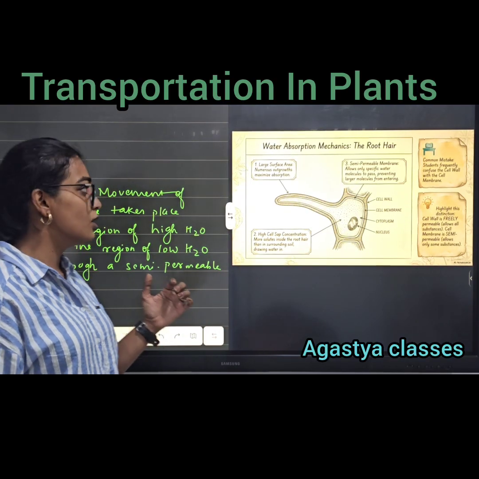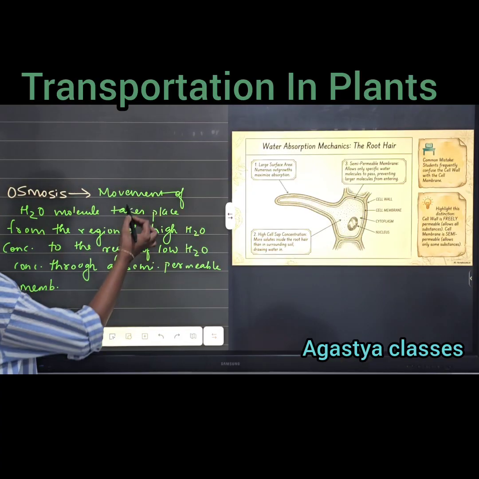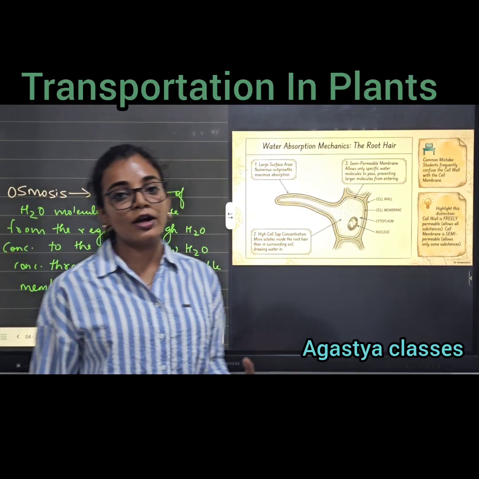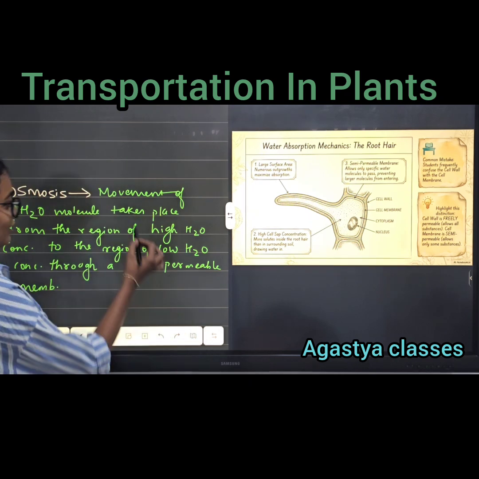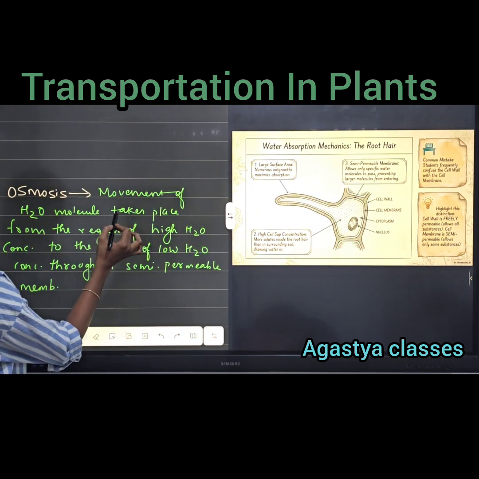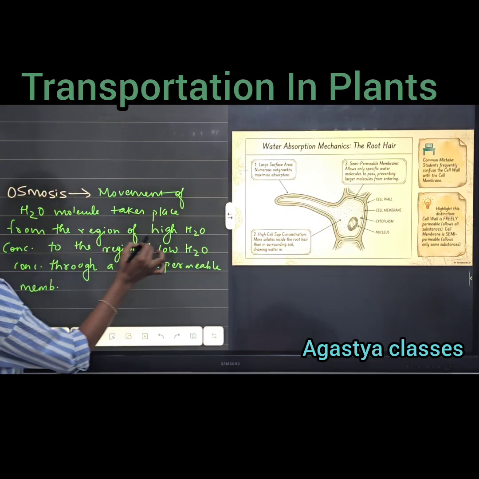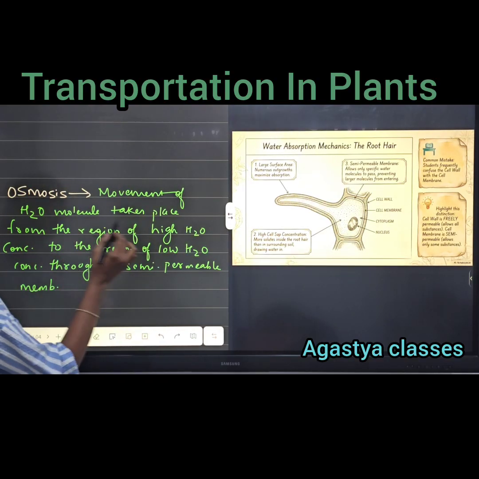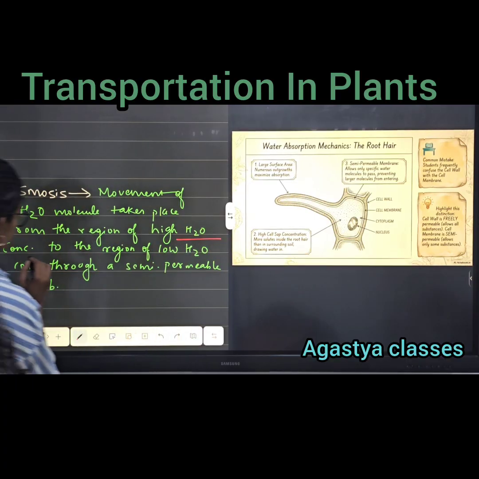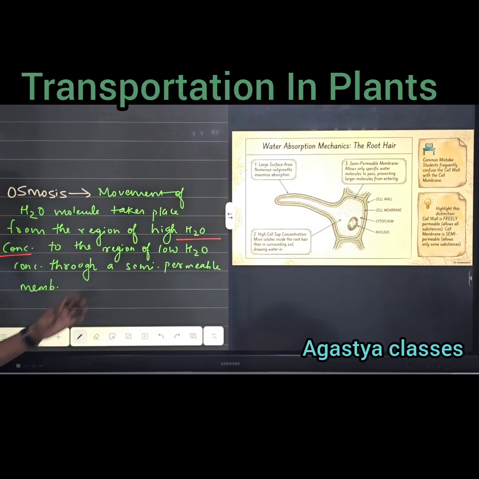You should learn this definition, and if you understand this definition, then you don't have to memorize it by heart. It is nothing but movement. Water molecules move from which region to which region? From the region of high water concentration. This is very important to mention. Please don't just mention high concentration.